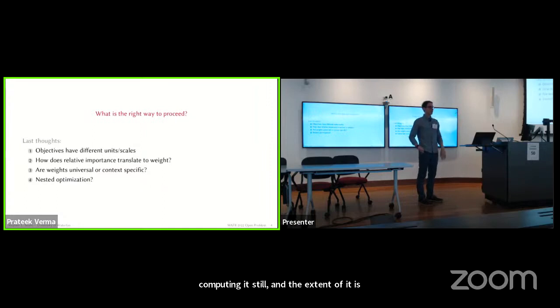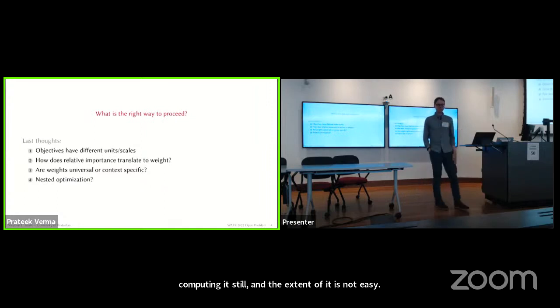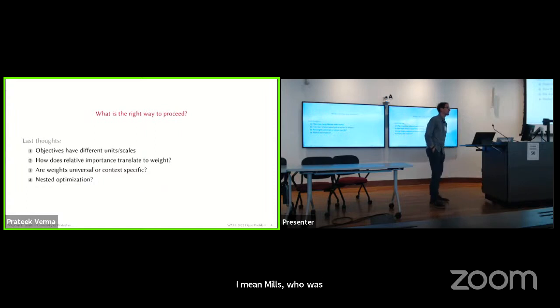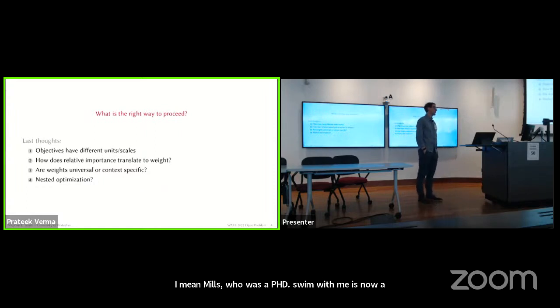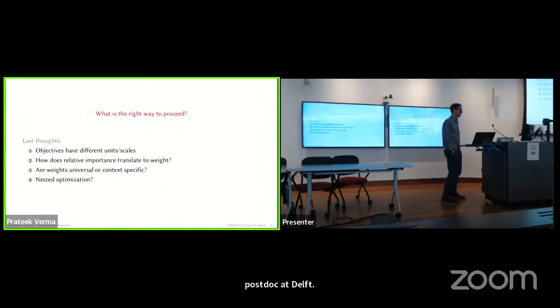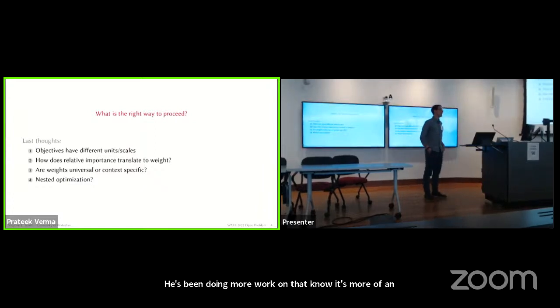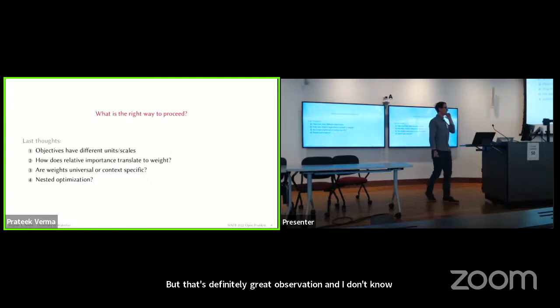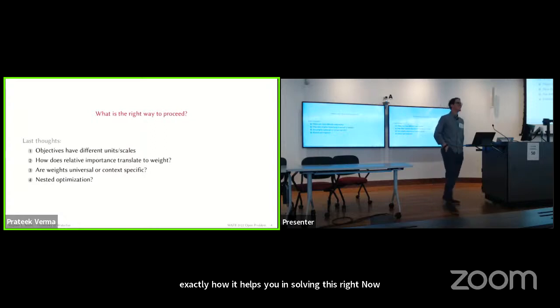Nils, who was a PhD student with me and is now a postdoc at Delft, has been doing more work on that and is more of an expert on that than me. But that's definitely a great observation. I don't know exactly how it helps you in solving this right now. But thanks.